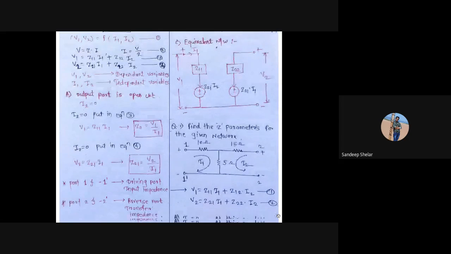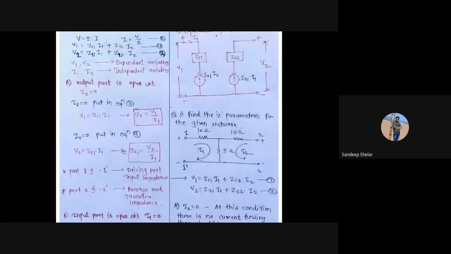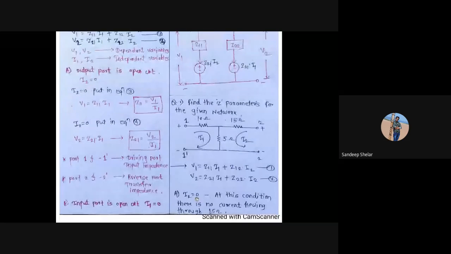The same procedure is used for solving the problem. First, I2 is equal to 0, that is the output port is open circuit. At that condition the current becomes 0, so the current flowing through the 15 ohm resistance becomes 0.